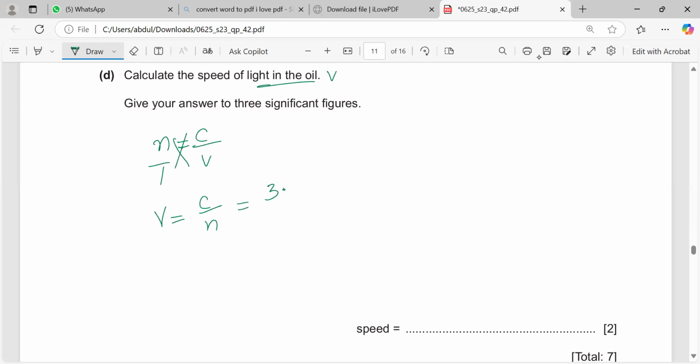c is 3.0 times 10 raised to power 8 and n is 1.47.